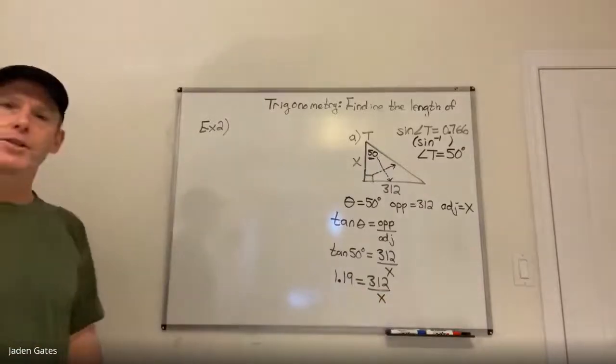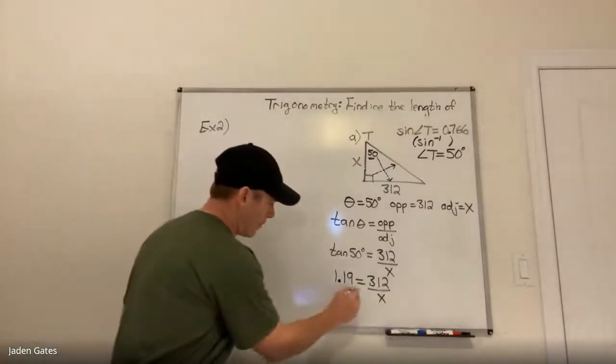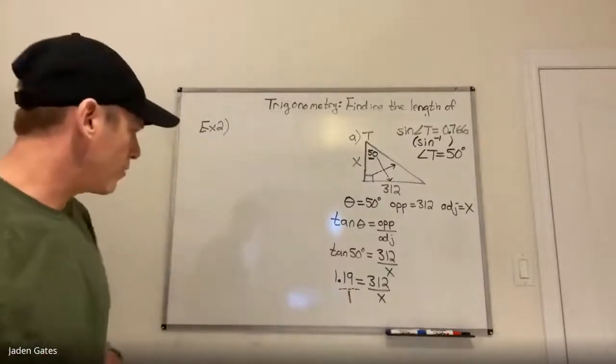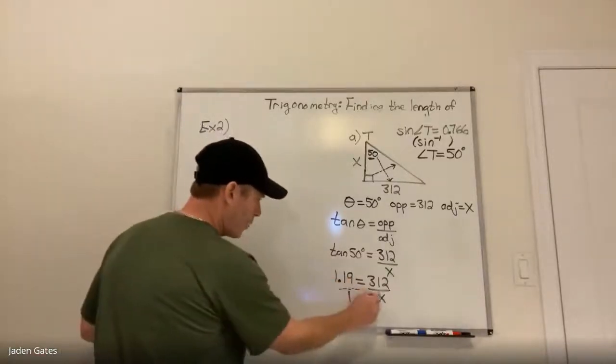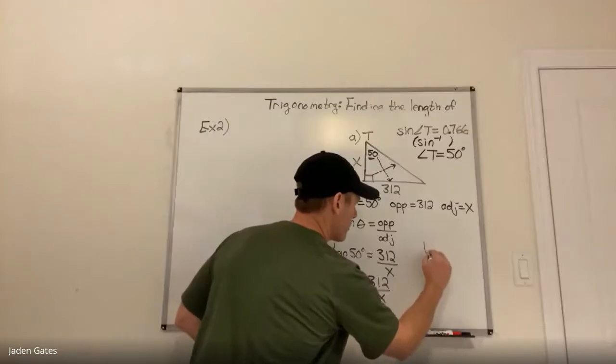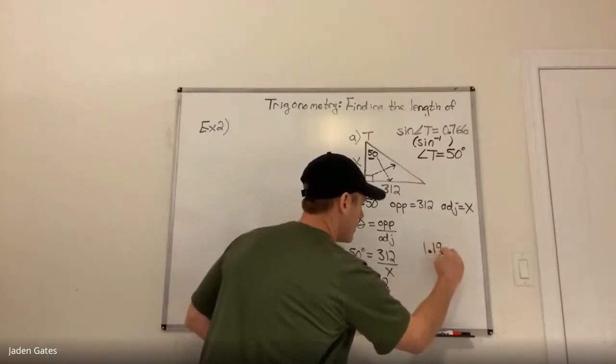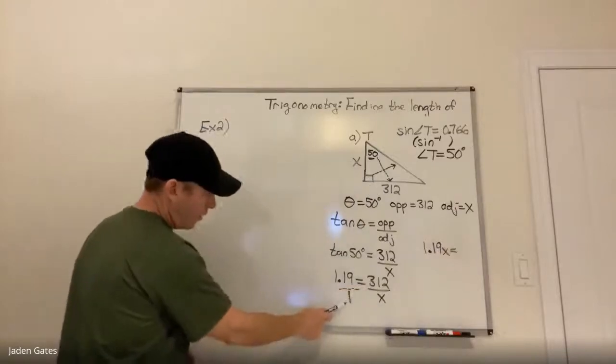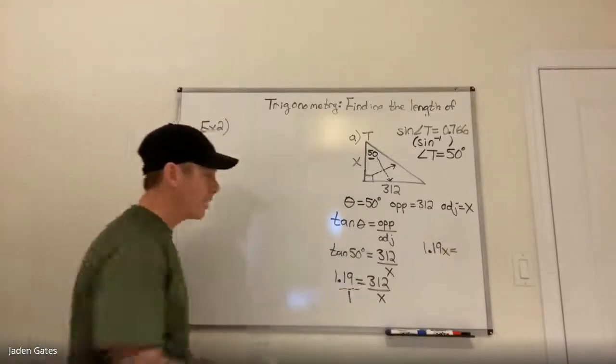Again, this is the spot where I create a fraction equaling a fraction so that I can cross multiply and solve for x. So I'm going to have 1.19 times x equal to 312 times 1, and 312 times 1 is 312.